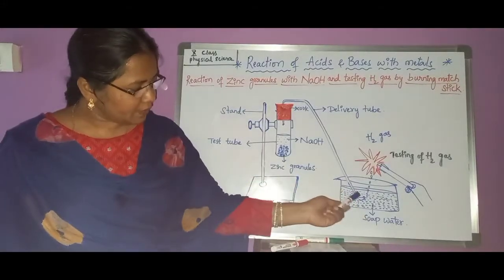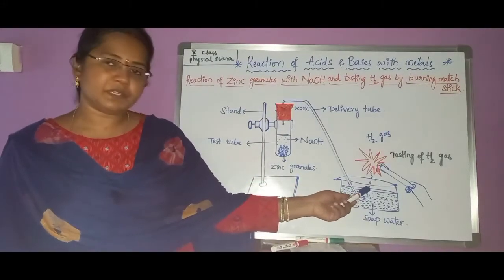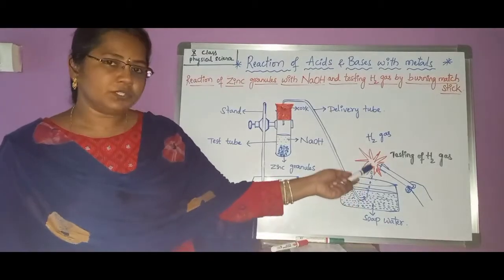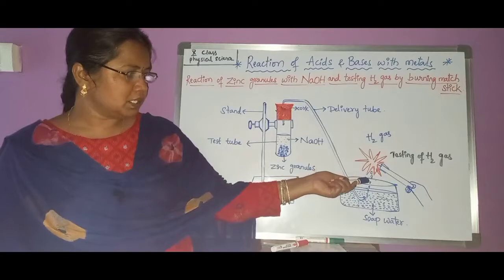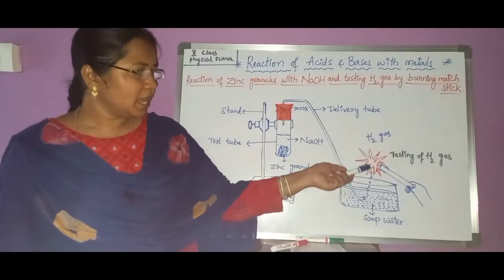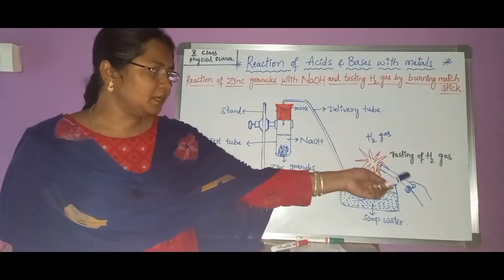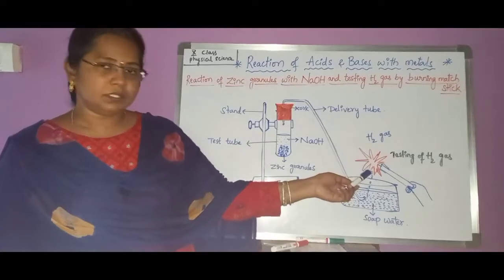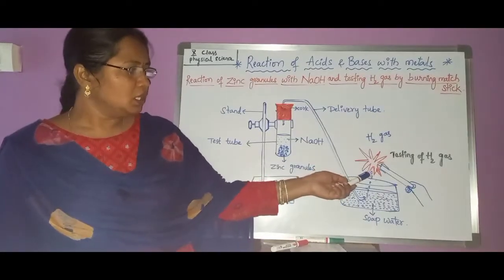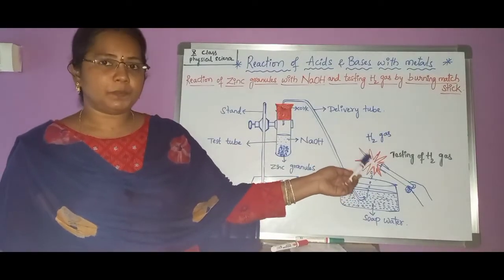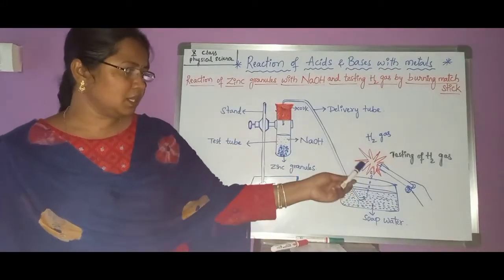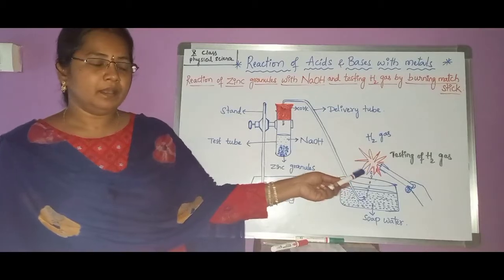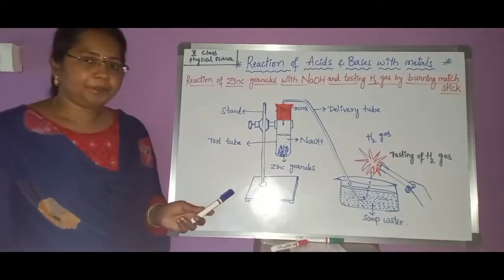At the other end of the delivery tube, we can easily observe the formation of air bubbles evolving from the surface of the soap water, and these bubbles contain hydrogen gas. It can also be tested by placing a burning matchstick near the air bubbles. This hydrogen gas burns and makes a pop sound, which is a characteristic feature of hydrogen gas, and by this test we can confirm that hydrogen gas is liberated in this reaction also.